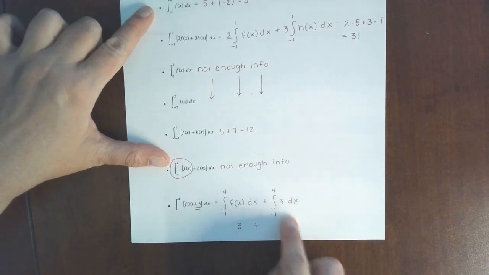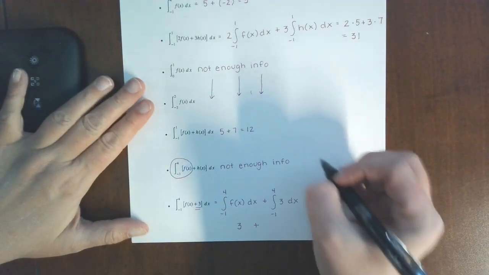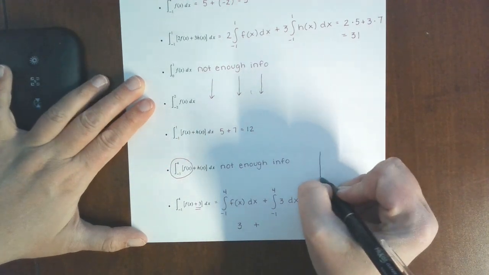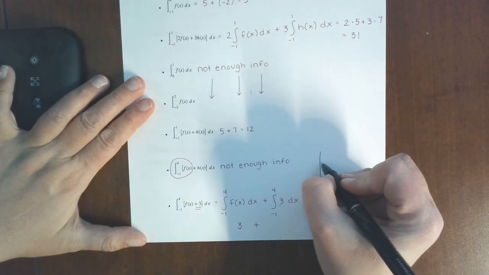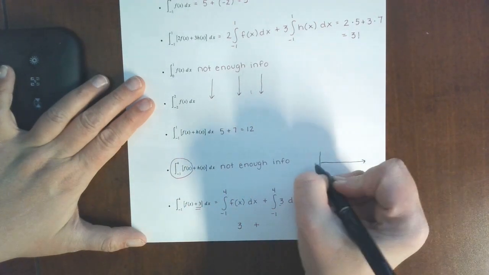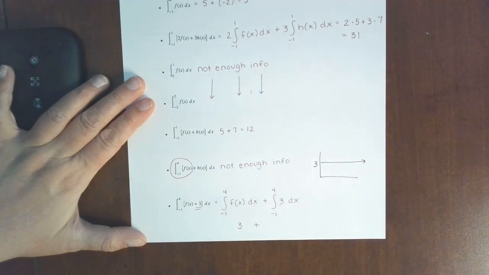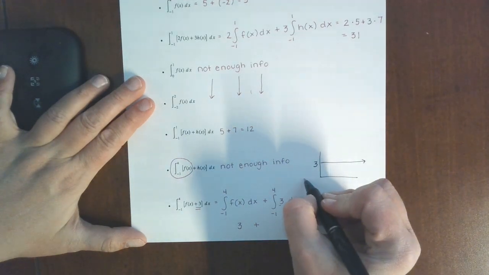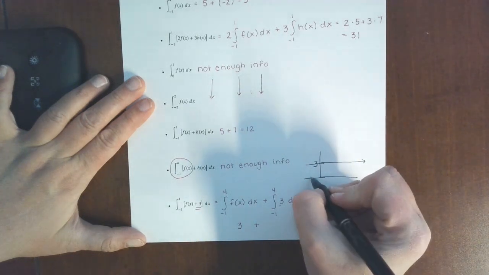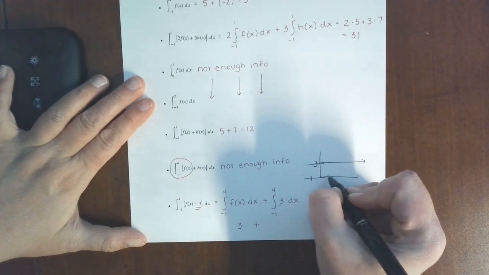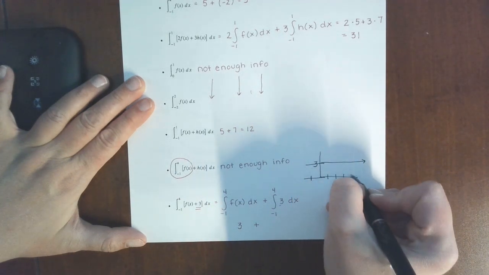For this one here, I want to go off to the side and draw a picture of this, kind of similar to the one I did a second ago. So here's my graph. I'm graphing the function y equals 3. So this thing is at 3. And I'm integrating that. Whoops, I'm going to need the left side of my graph here. I'm going to need this to keep going. From -1 to 4.